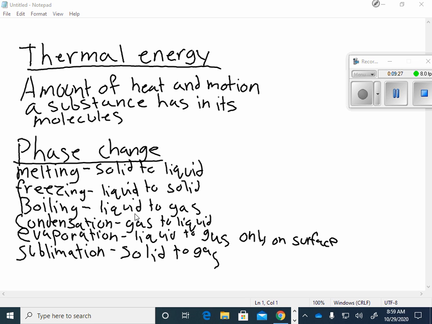Some substances are harder to get into one of the states of matter than others. For example, carbon dioxide, which is what dry ice is made out of, has to be at like negative 200 degrees Fahrenheit before it will go to a solid. Whereas water only has to be at 32 degrees Fahrenheit to go to a solid.